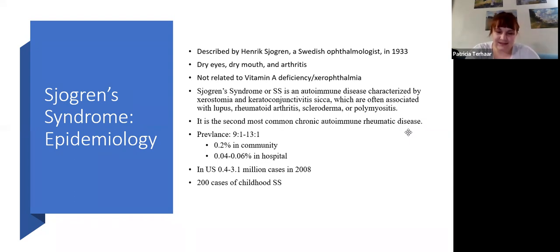In the US, there were counted to be around 0.4 to 3.1 million cases in 2008. And overall, there are only 200 cases of childhood Sjögren's syndrome noted. It happens a lot more in women than men as well.